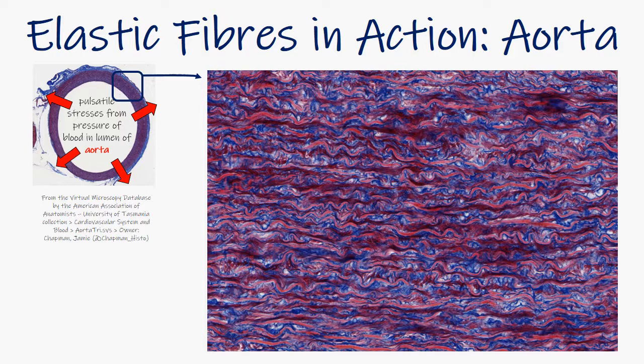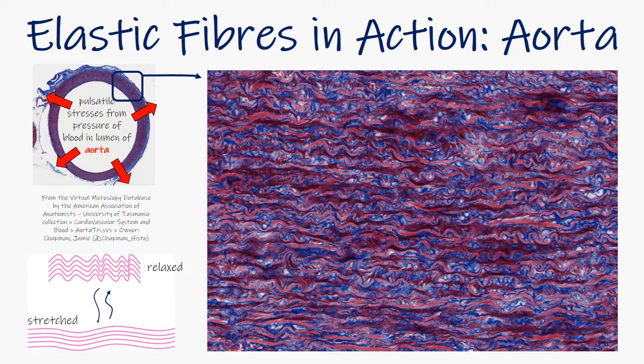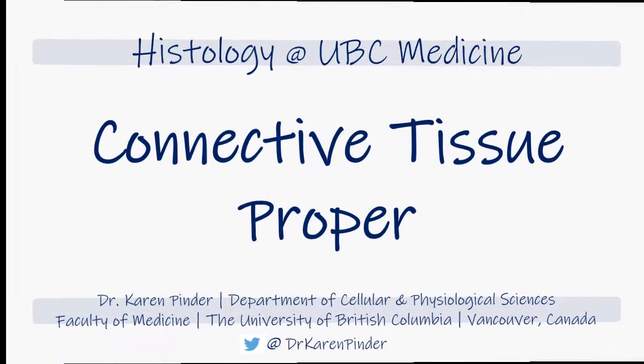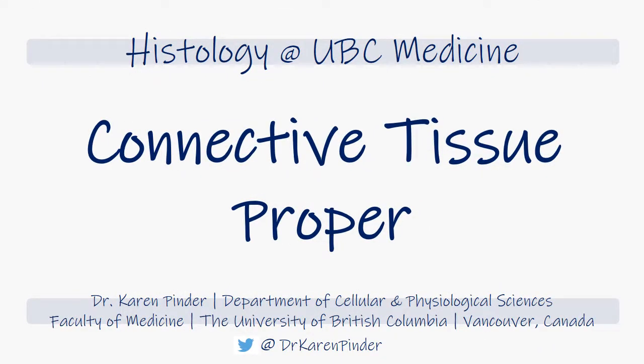These fibers will be able to stretch out as the volume of blood in the aorta increases with each heartbeat, and then contract again in between heartbeats. So the fibers act just like elastic bands, being stretched and then allowed to relax over and over again with each amazing heartbeat. This concludes this introductory video on connective tissue proper.